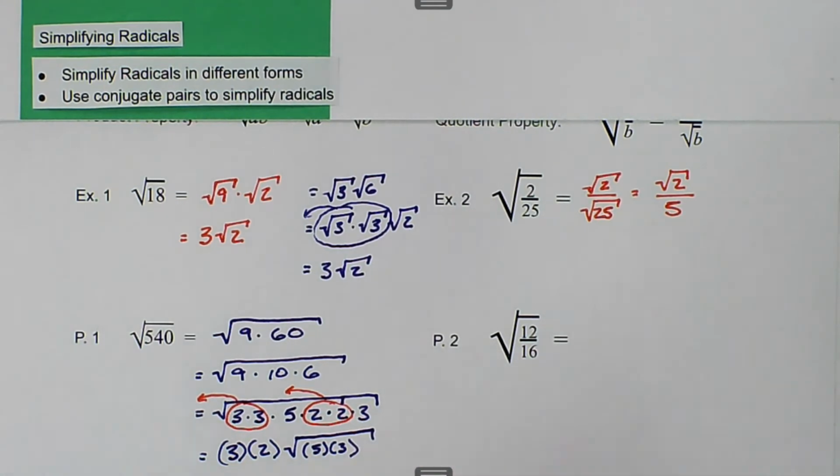And so our answer for this one ends up being 3 times 2 is 6. And 5 times 3 is 15. And we can't reduce this radical any further. Now, how did we get 3 and how did we get 2? Well, 3 times 3 is 9.